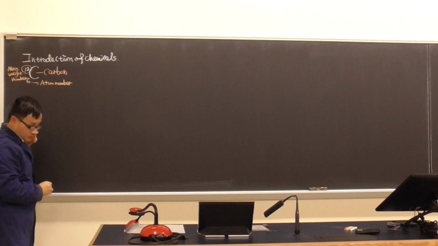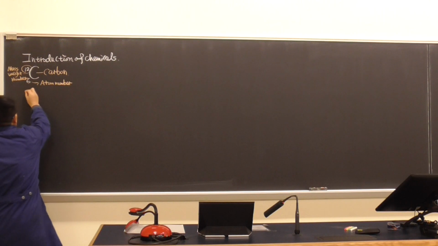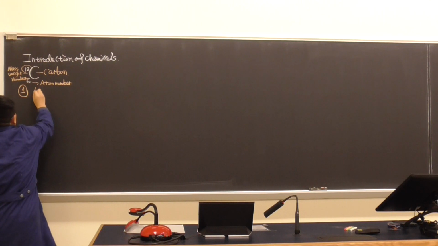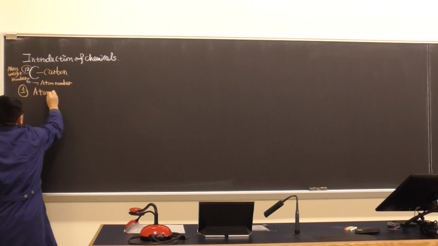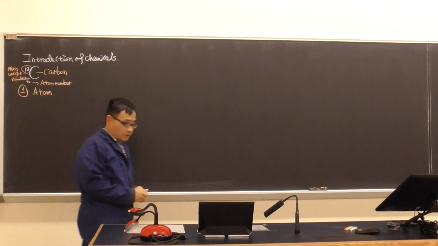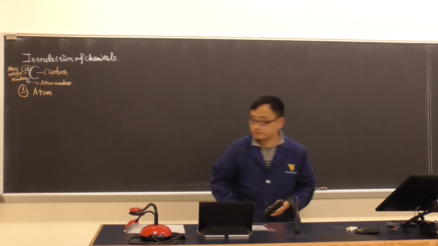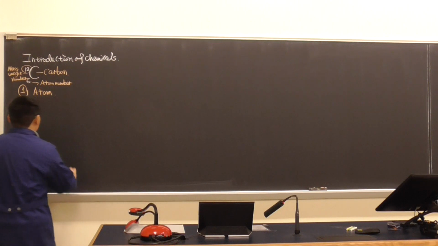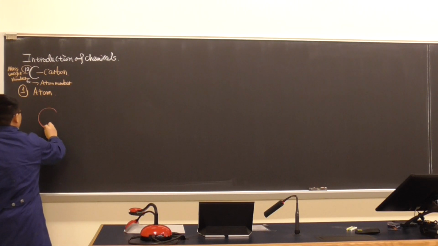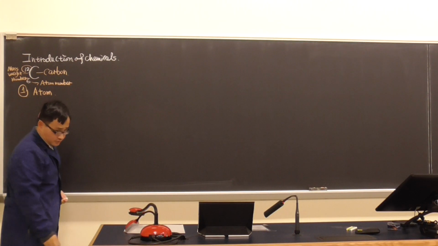Some of you may have forgotten. Therefore, we have our first question. We talk about the atom. What is an atom? Very simple. Right in the middle, you have a center.